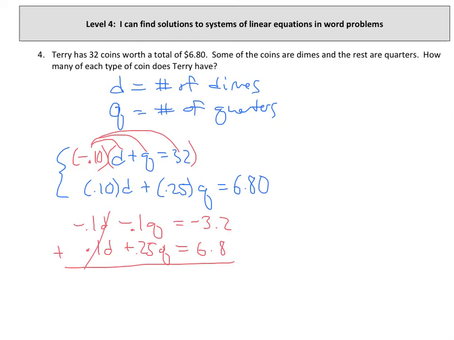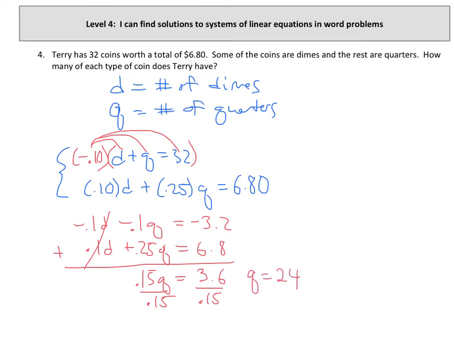Then I add negative 0.1q plus 0.25q, and we get 0.15q equals 3.6. Then I divide both sides by 0.15, and I get q equals 24.